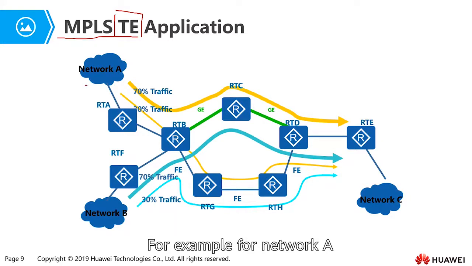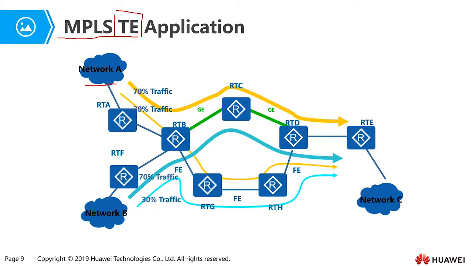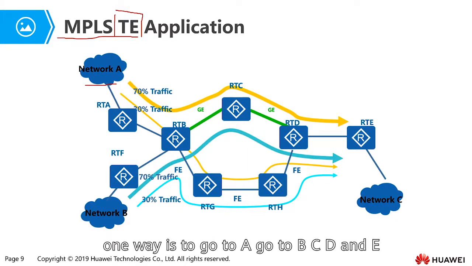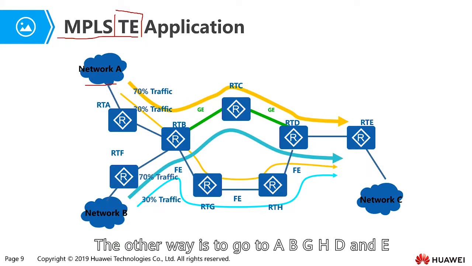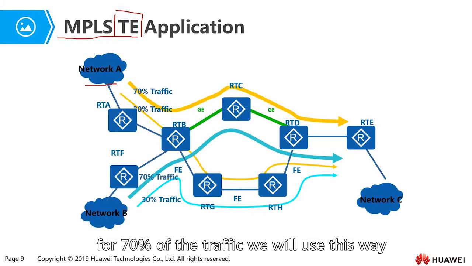For network A, if we want to go to the destination network C, we have two routes. One way is to go to A, B, C, D, and E. The other way is to go to A, B, G, H, D, and E. So we can use TE to control the traffic.